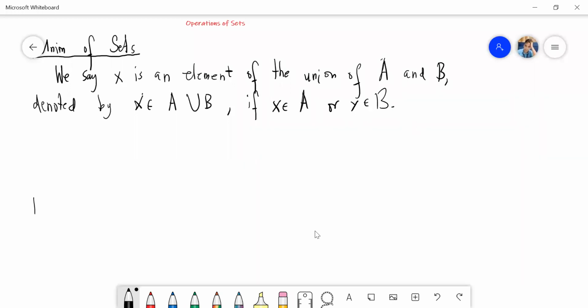So let's introduce the intersection of sets.